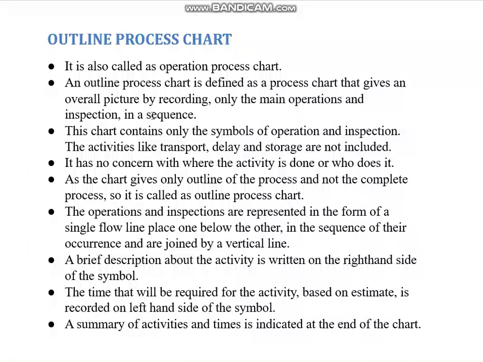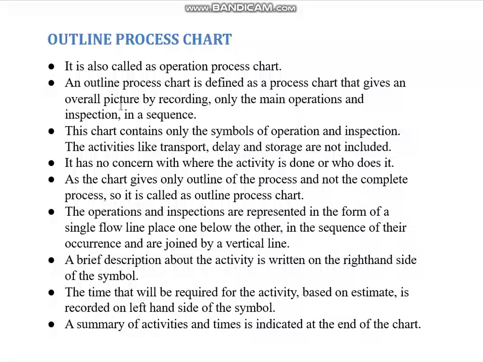An outline process chart is defined as a process chart that gives an overall picture. It is like looking at a thing from a distance, so small details will not be recorded.